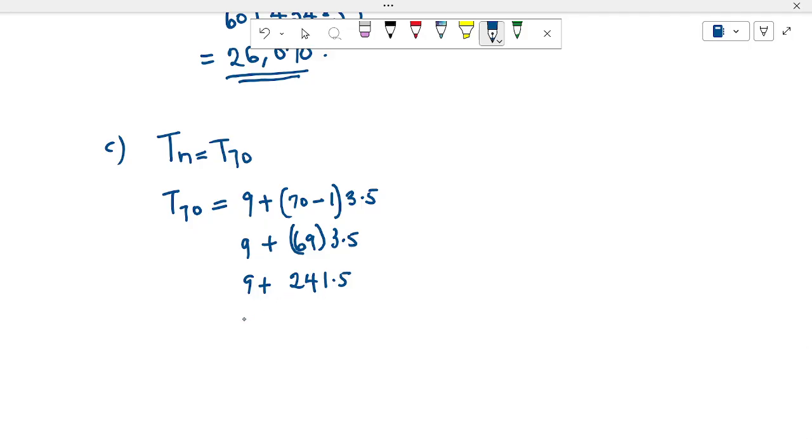Add this up. You have your answer to be 250.5. So your T70 is 250.5. Very simple. If you got that, you have 2 marks.